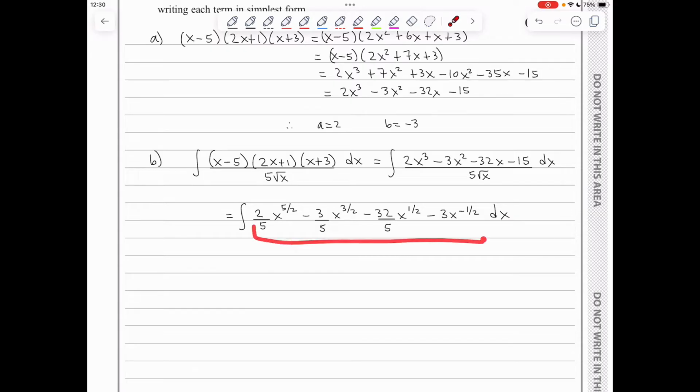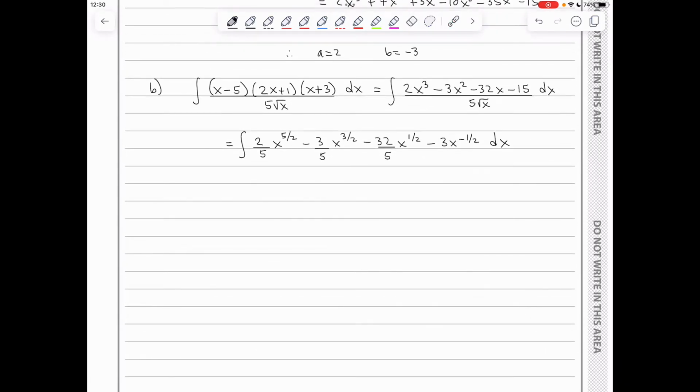So I got the integral here in index form, and I proceed in integrating, which means I increase the power by 1 and divide by the new power. This is giving me 2 over 5 times x to the 7 over 2 over 7 over 2, minus 3 over 5 times x to the 5 over 2 over 5 over 2, minus 32 over 5 times x to the 3 over 2 over 3 over 2, minus 3x to the half over a half, plus c.